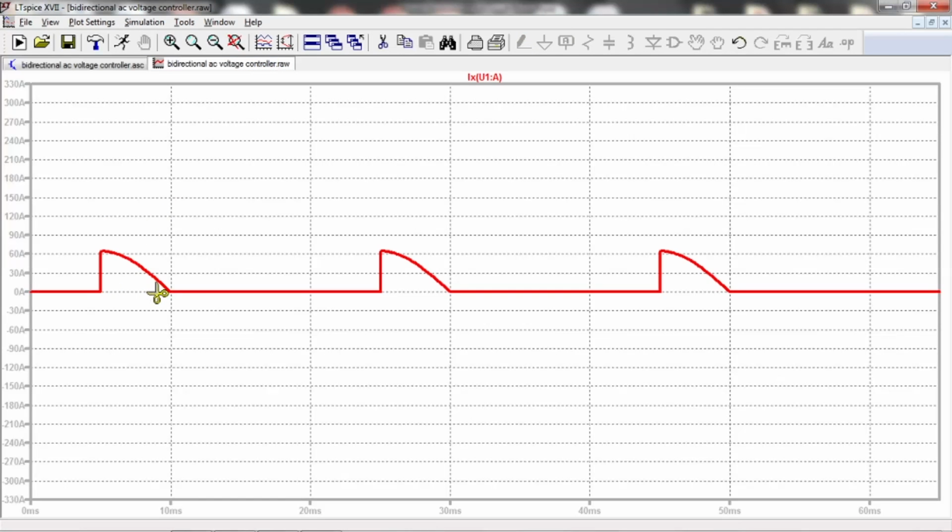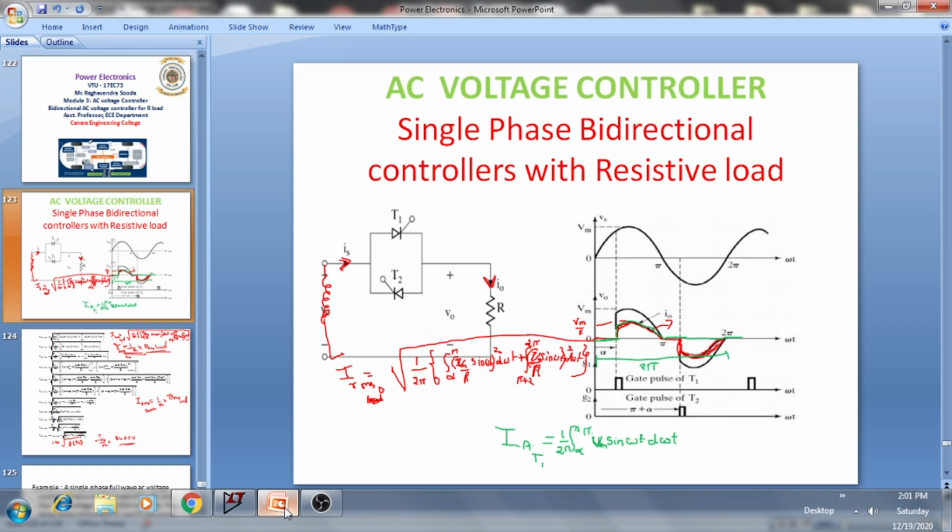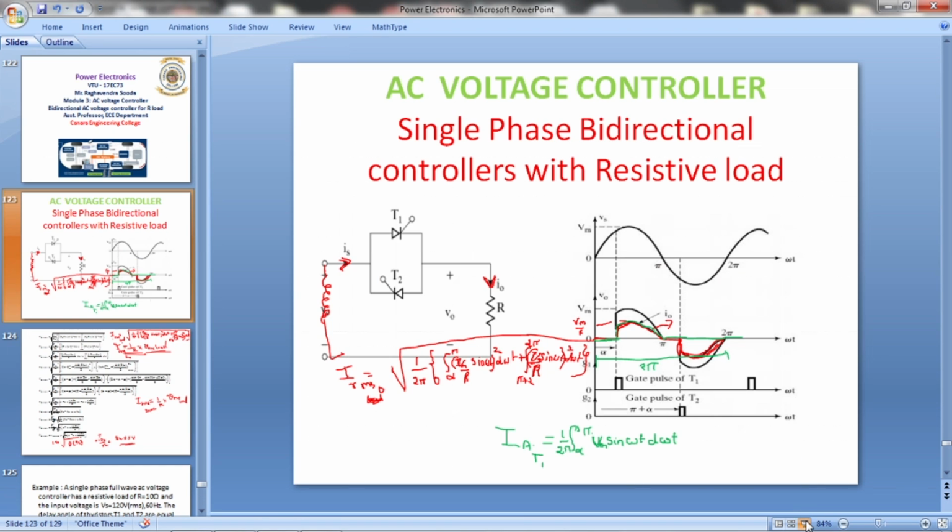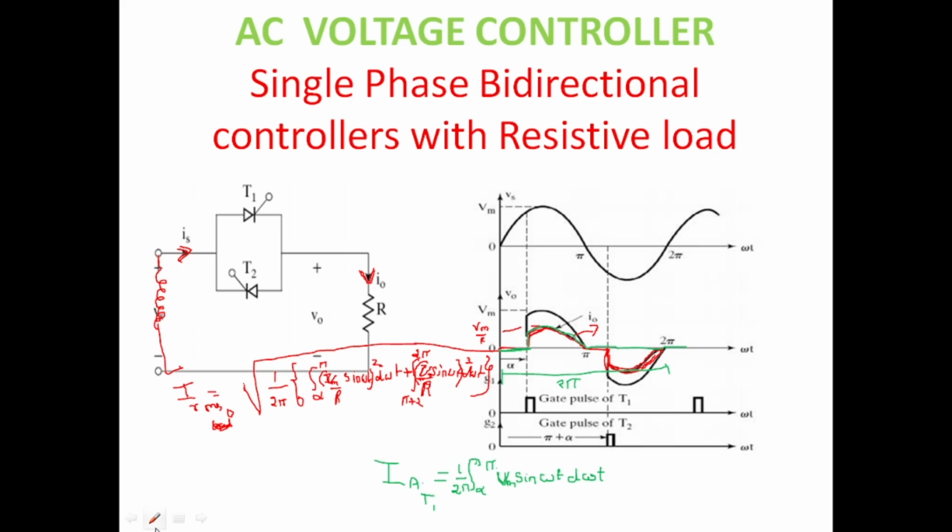So alpha to pi it goes, and pi to 2 pi it is 0. So we should integrate from here to here its value. We'll do these calculations.